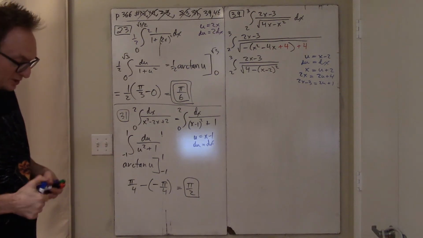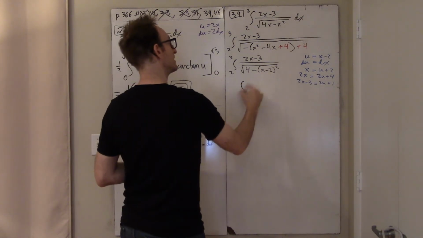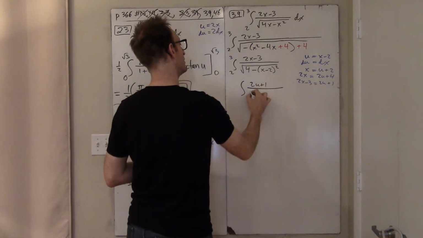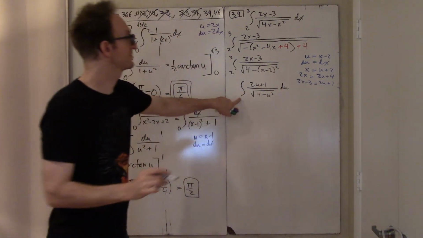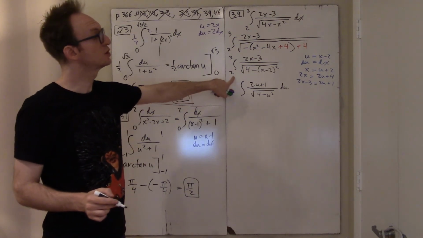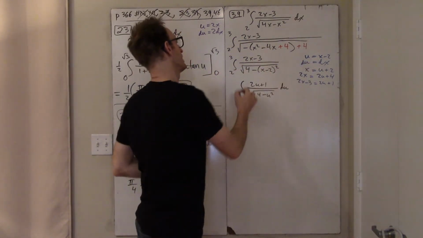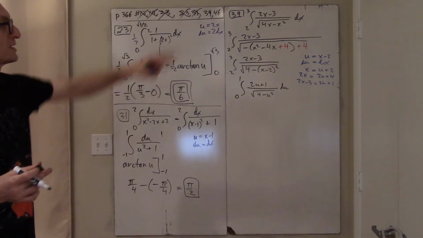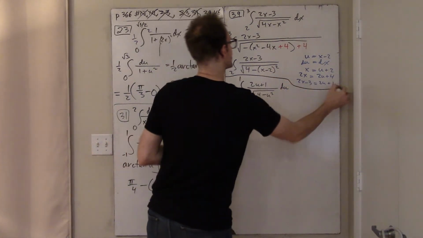Now I transform the entire thing into u's: the numerator becomes 2u plus 1 over root 4 minus u squared. I change my limits as I go: when x is 2, u is 0, and when x is 3, u is 1. After this big bunch of algebra, I have a new problem to solve, and once I solve it, I'm done.